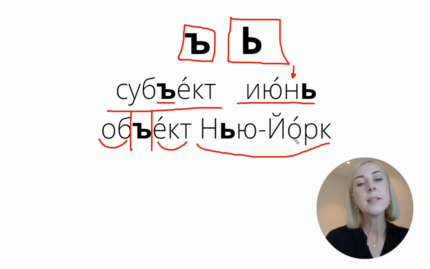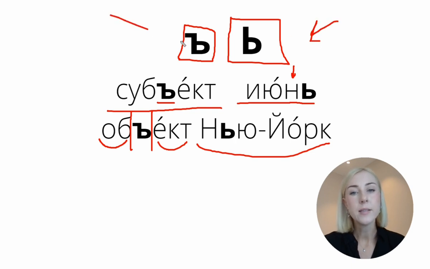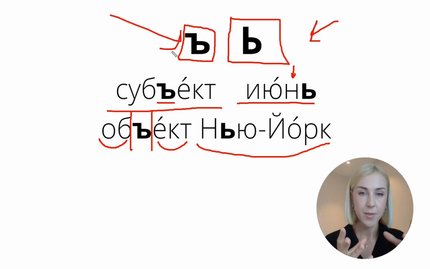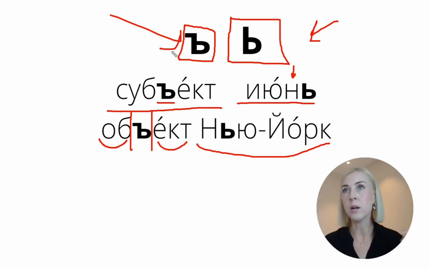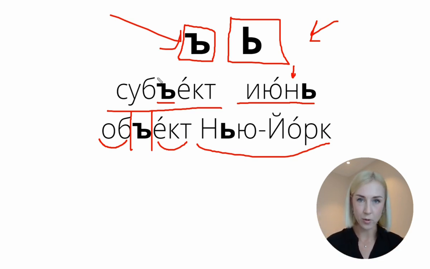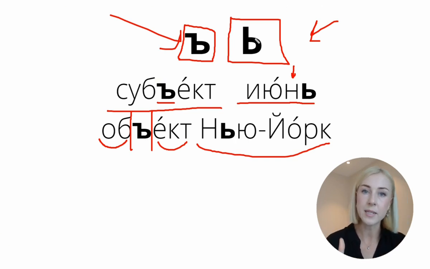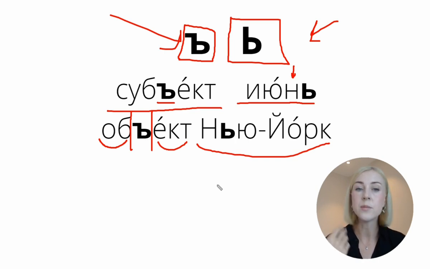Well done. So again, these signs don't have sounds. I cannot pronounce them. They just affect the sounds around them. The hard sign affects the syllables that stand around. And the soft sign affects the preceding consonant, so it makes it soft.